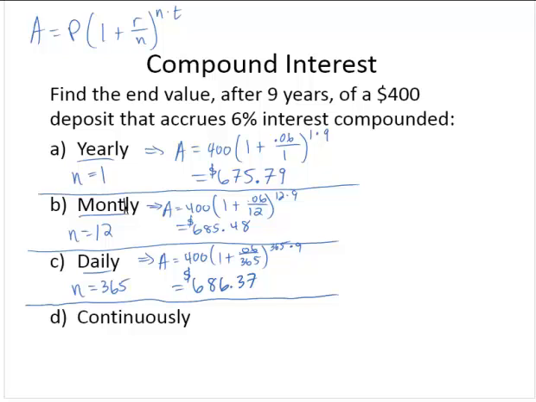And so for that formula, remember we have A equals P times e to the rt, where e is Euler's number, approximately 2.718. So for continuously, we would have A equals 400 e to the 0.06 times 9.